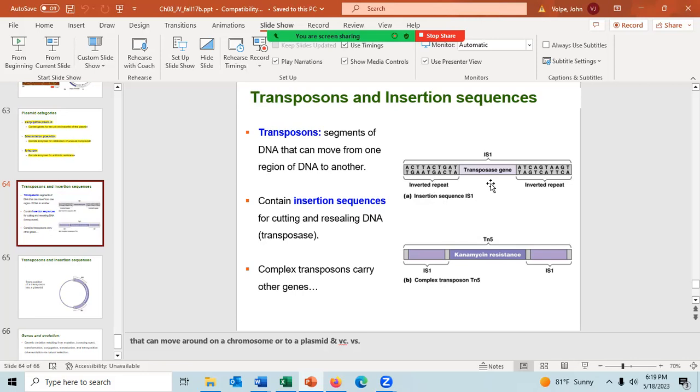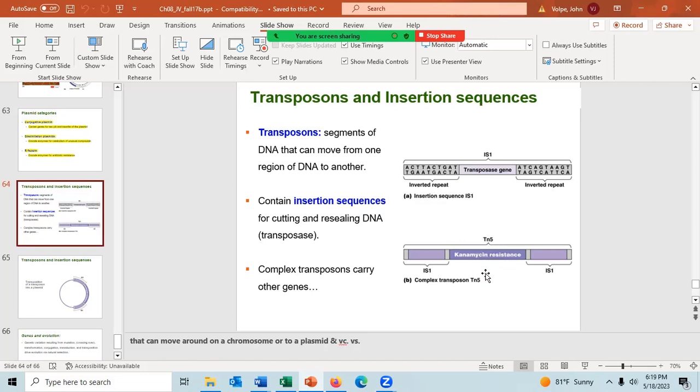Sometimes complex transposons can carry other genes with them, like this kanamycin resistance gene on the transposon Tn5.